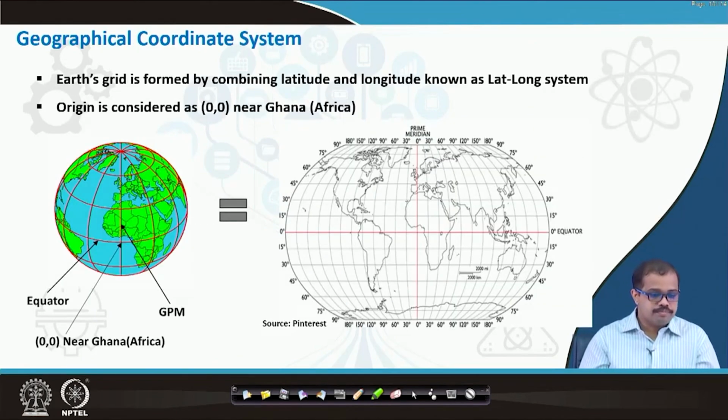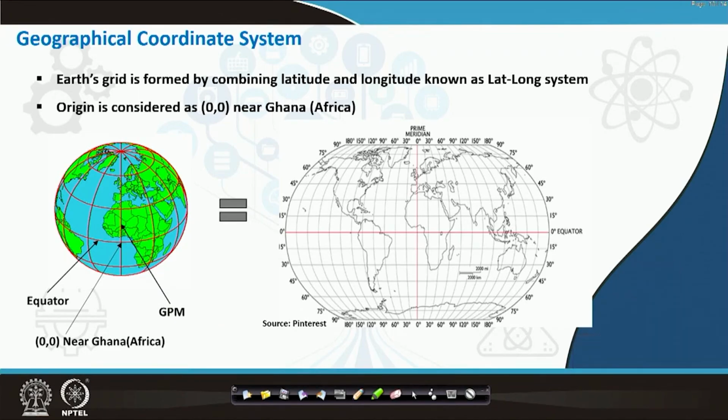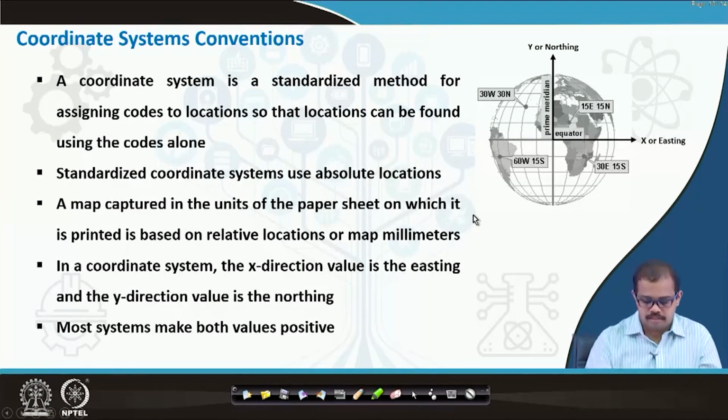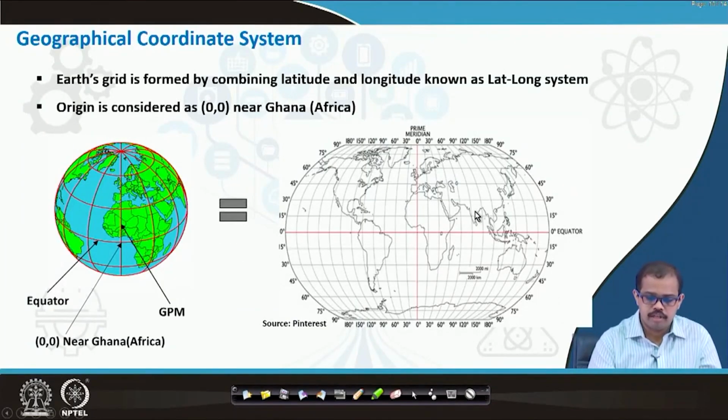Okay. So when we are looking at the geographical coordinate system, the entire Earth grid is actually formed by combining the entire latitude and longitude. So if you are located at a particular point in India, you cannot say that this is only at a latitude of this.